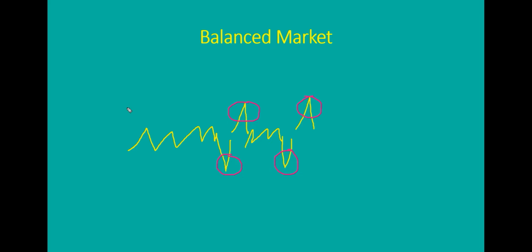Alright, which means that there's a temporary balance between buyers and sellers. A good strategy in the balanced market is to trade from those rejections back into the rotation, which means you are taking shorts from the rejections of higher prices, and you are taking longs from the rejections of lower prices. Alright, so those are the rejections in a balanced market.